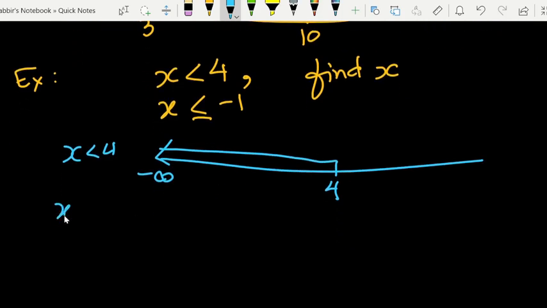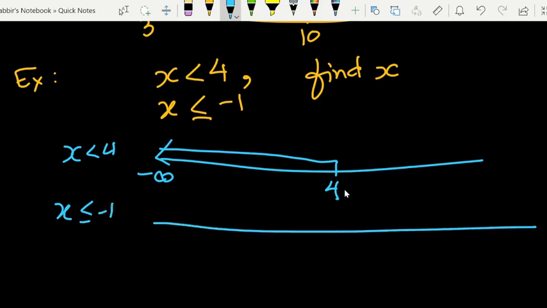Now we will plot x less than or equal to minus 1. So again, minus 1 lies on the left side of 4, so minus 1 will lie somewhere here, minus infinity to minus 1, like this, and minus infinity to 4.